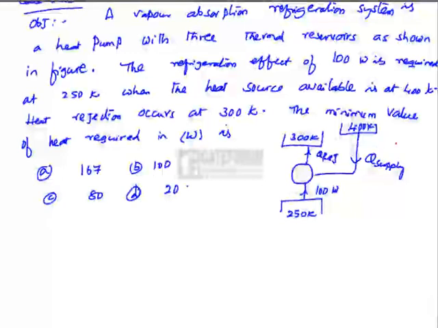If you look at the problem, the vapor absorption cycle is exchanging heat with 3 reservoirs.